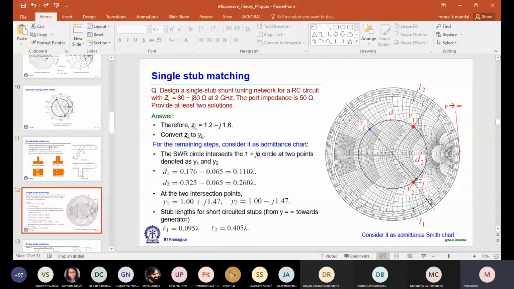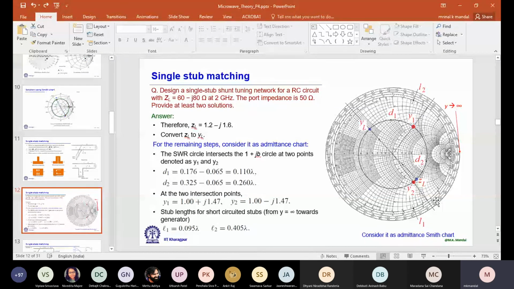Let us use a short circuited stub. Usually we prefer a short circuited stub because from the open end we have excitation of surface waves and also radiation from the open end. From the shorted end we have issues, but much less compared to the open end. That's why a short circuited stub is preferred in microstrip line.